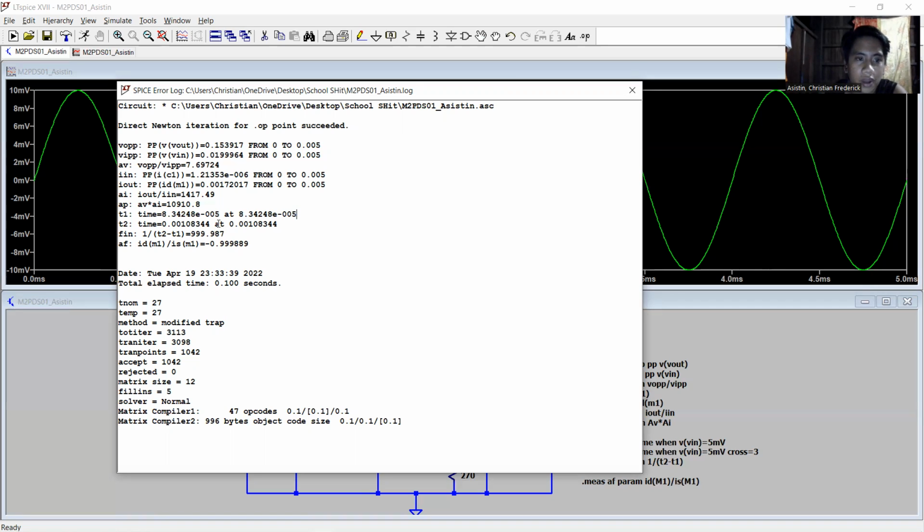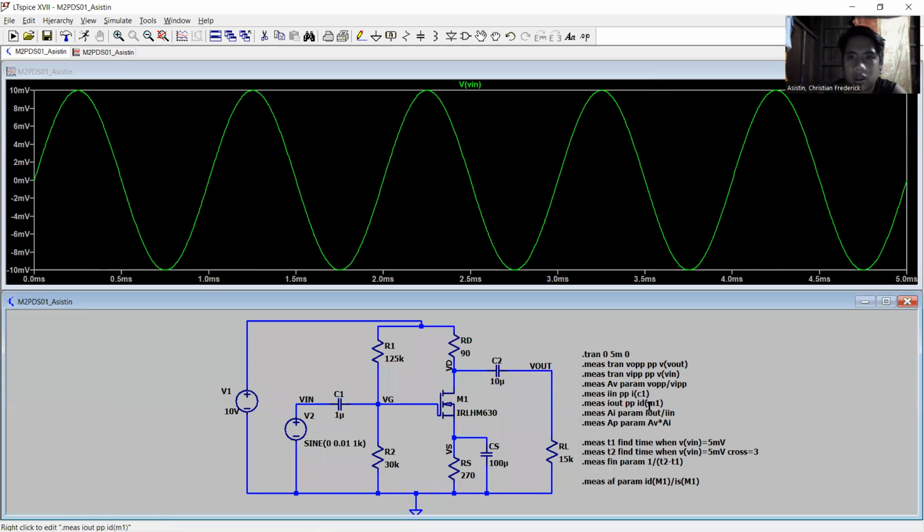And for the AF, we have ID multiplied by M1 over IS multiplied by M1, and we'll get the value of 0.999889. So those are the values we got from entering these commands. These commands are very important for faster finding of the values that you are looking for.